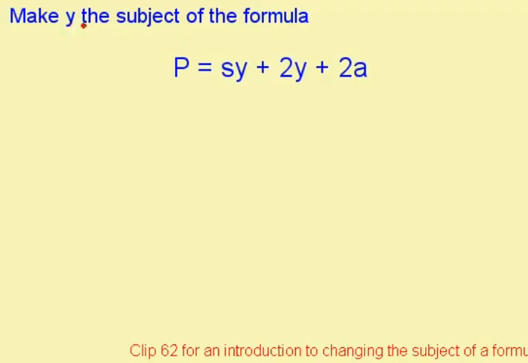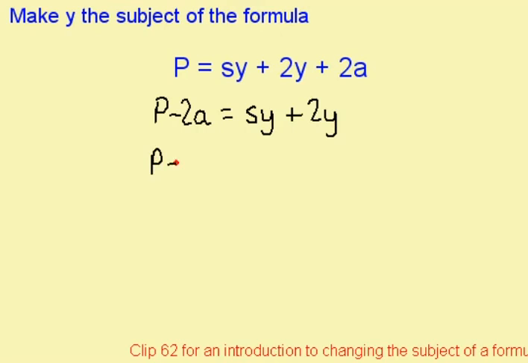I want to make y the subject of this formula. To do that, I need to get the y's on their own on one side of the equation. So I'm going to take this plus 2a over to this side. We have p minus 2a equals sy plus 2y. Now, the obvious thing to do now is to take out a factor of y.